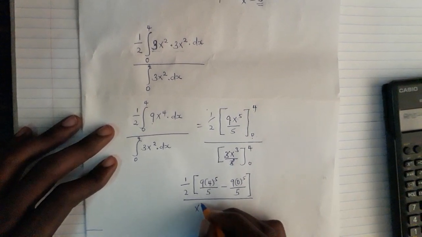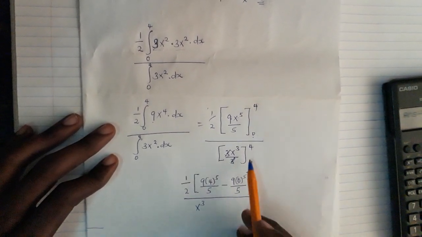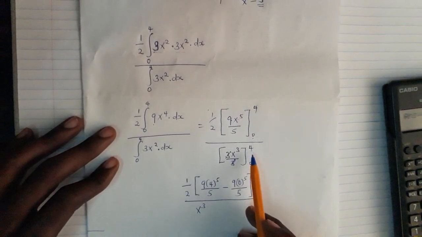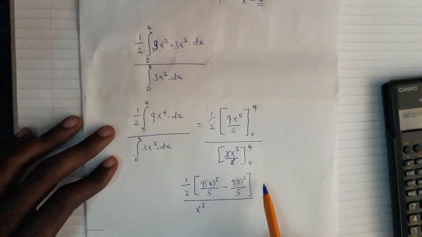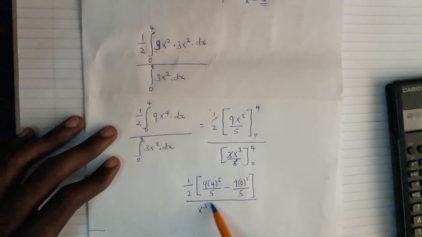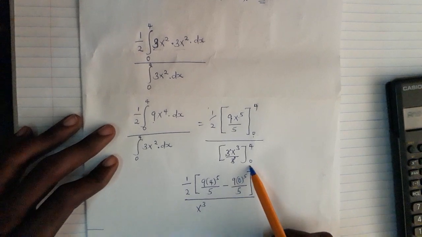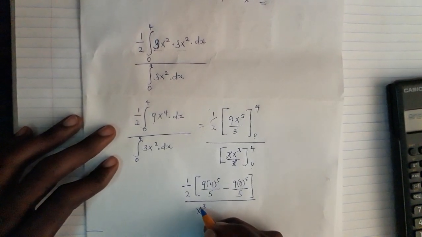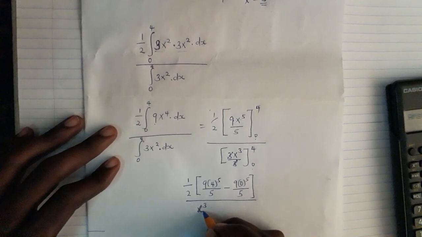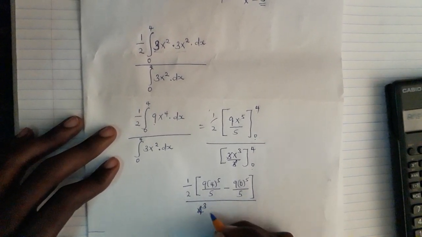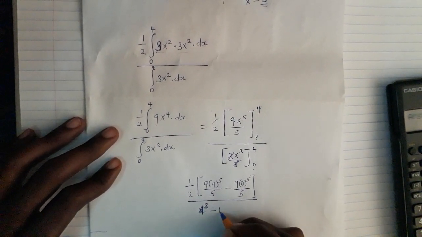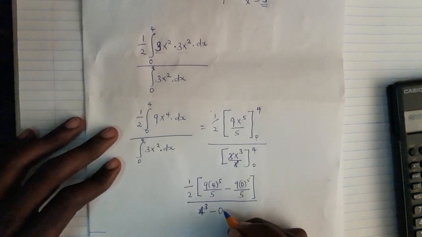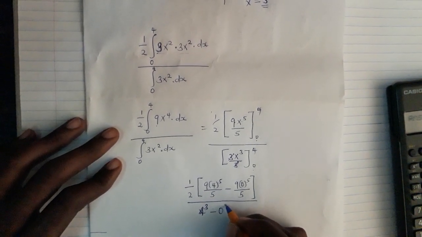So it is x power 3, but now we replace x with the upper limit first, and then we subtract the whole of this one, replacing x with our lower limit. So we're going to write 4 here instead of x. So it is 4 power 3 minus 0 power 3.